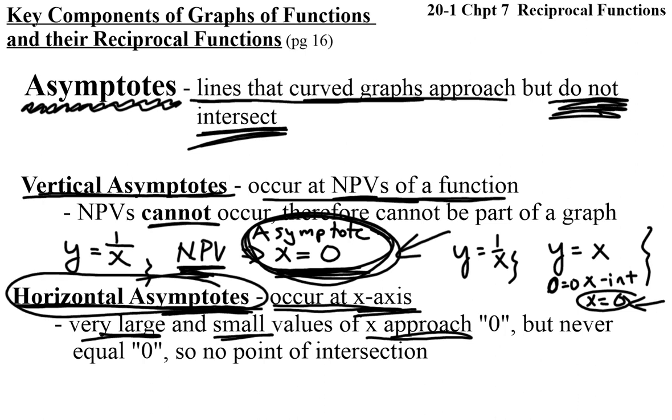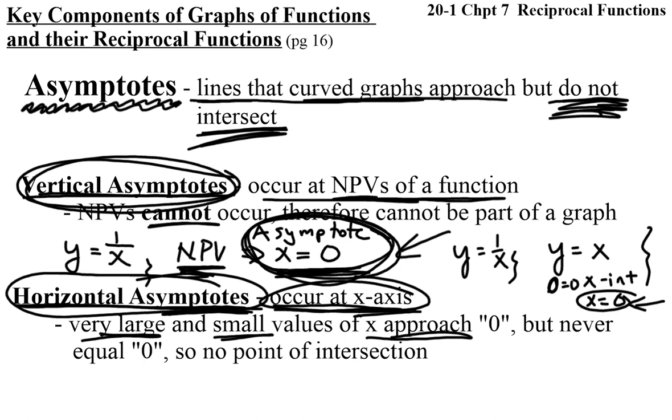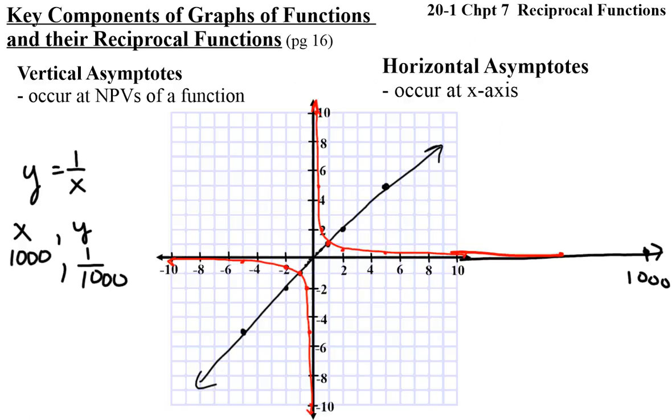The horizontal asymptote this year will always be the x-axis, but the key is the vertical asymptote will be your NPV of the reciprocal function or your x-intercept of your regular function. They're the same thing.